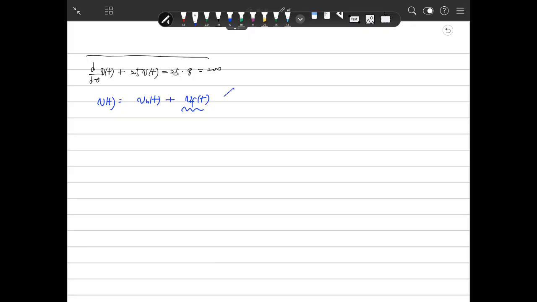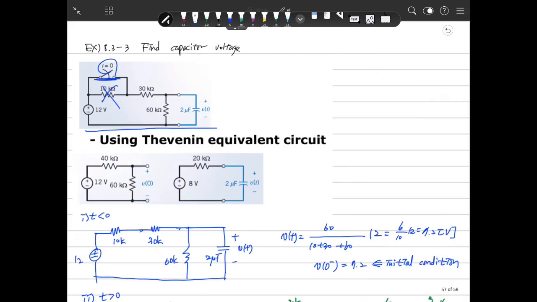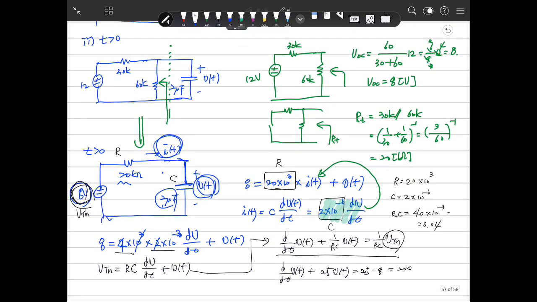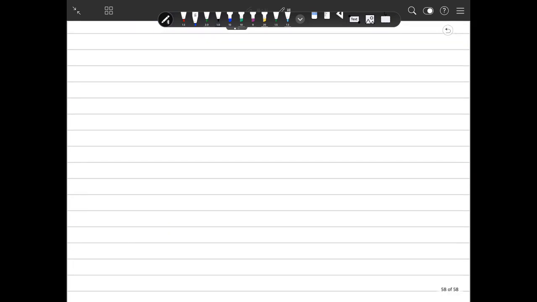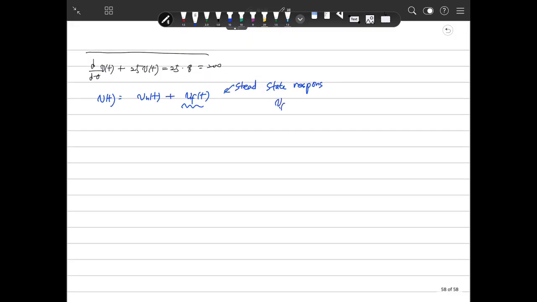Vf is a steady state response of the final, second. That will be here. Because of 8 volts, the capacitor in the steady state is an open circuit, so no current here, so Vt is 8. So we know that Vf at infinity is 8.